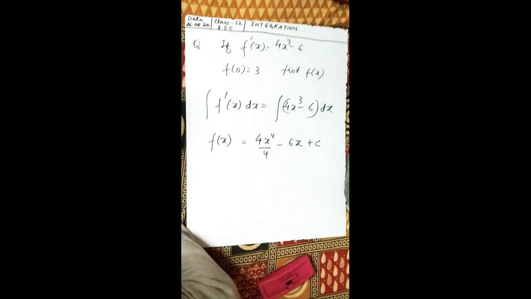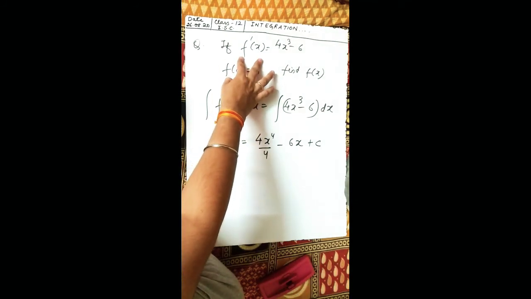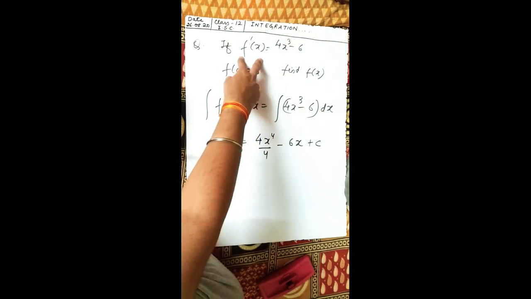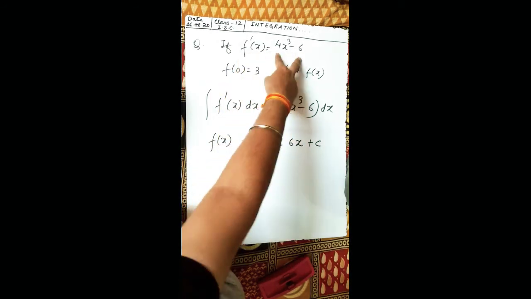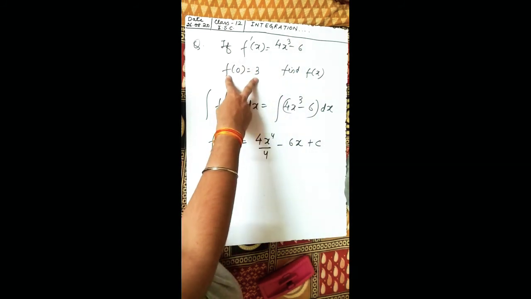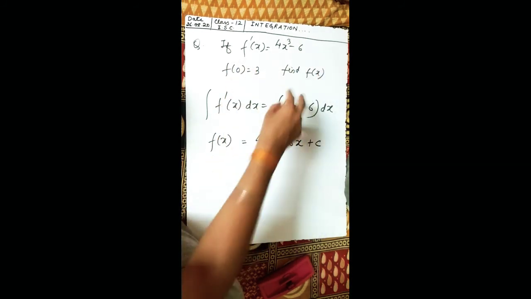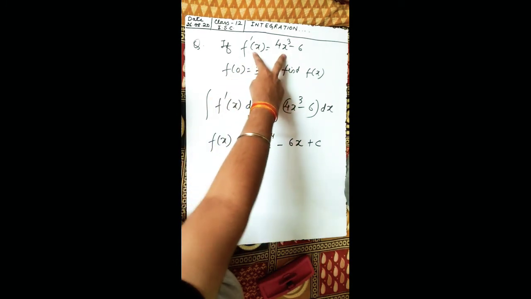Okay, let us come to this question. You are given f dash x. What do you mean by f dash x? It is the first derivative, so this is actually d/dx of f(x), which is given to us as 4x cube minus 6. You are given f(0) equal to 3, and we need to find f(x). So I'm integrating both sides with respect to x.